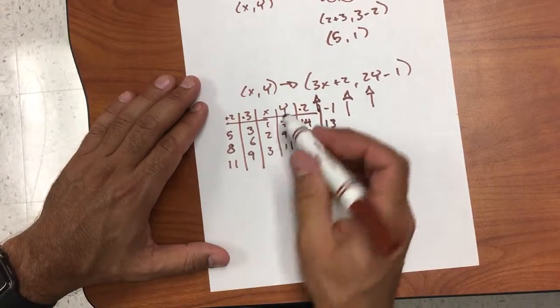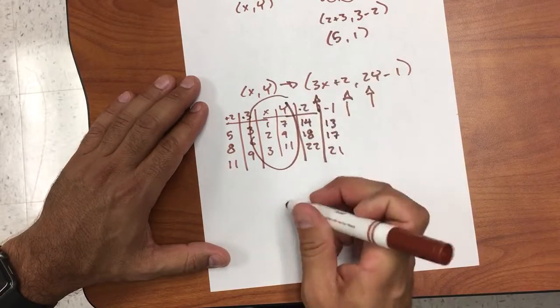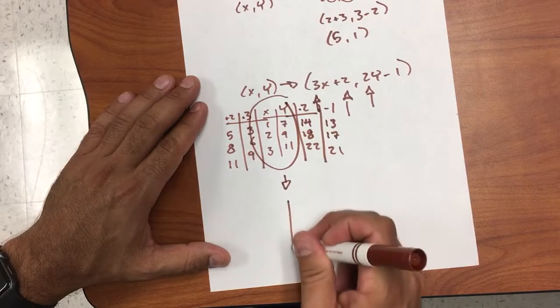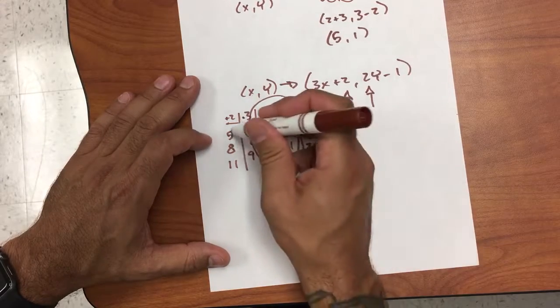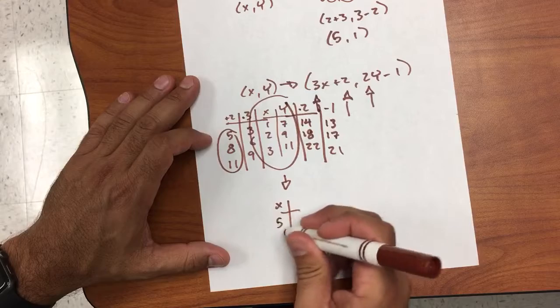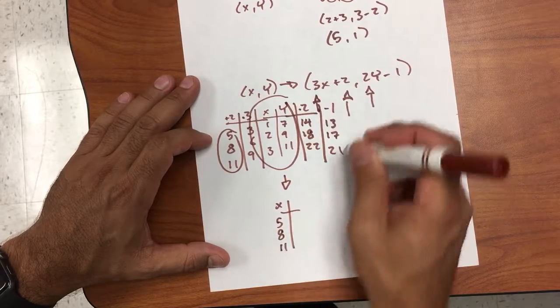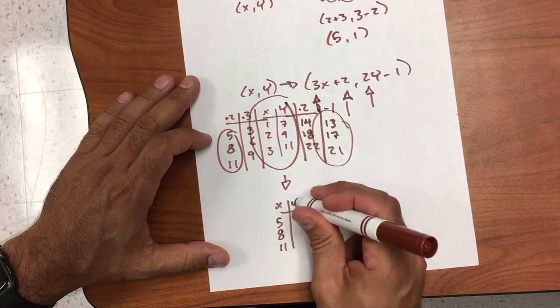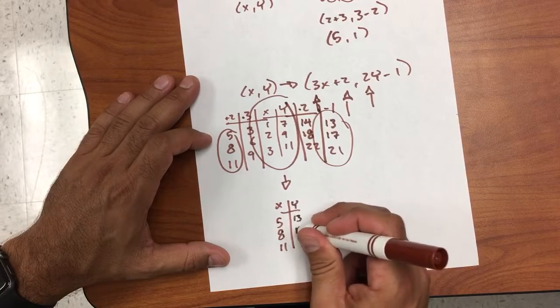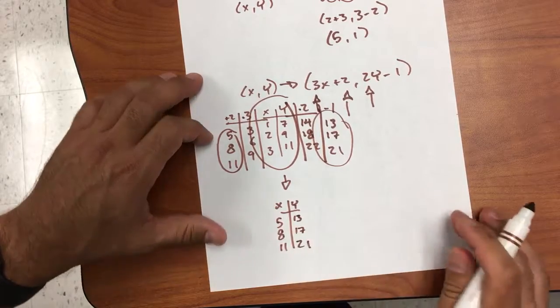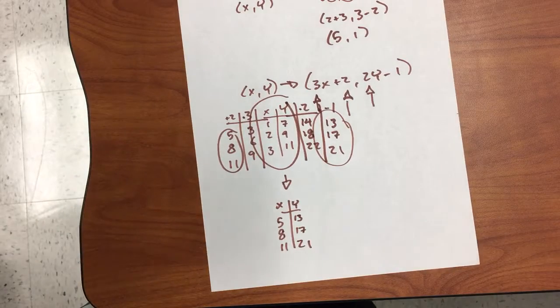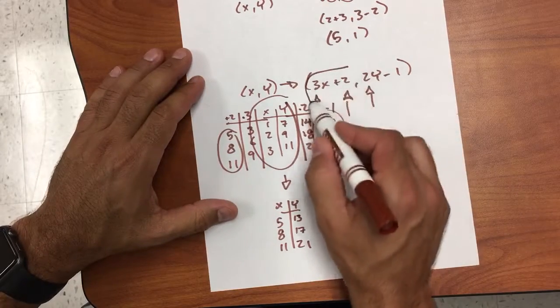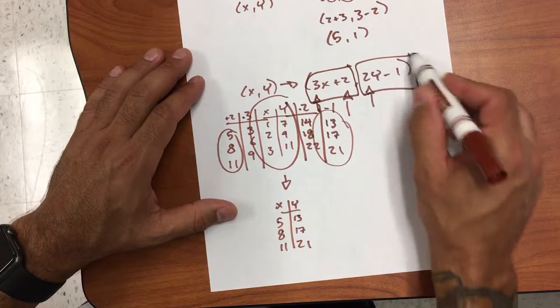So this table that was right here became this table right here. All of my x's are now these. All of my y's are now these. So that's really all that I'm doing. Okay? So I'm applying this rule to all the x's and this rule to all the y's.